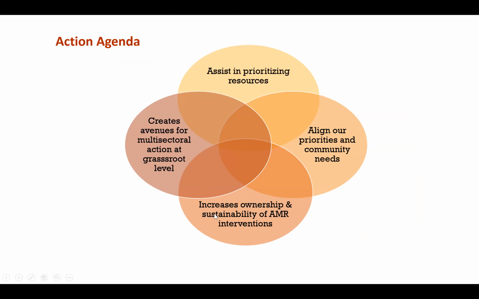And also it should increase the ownership and sustainability of the intervention. Once we have an exit strategy from the community, there should be some form of sustainability that will ensure that the change stays within the community. So it is basically meant to positively influence the score.